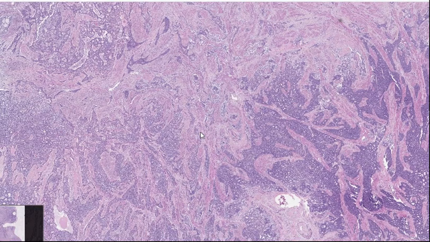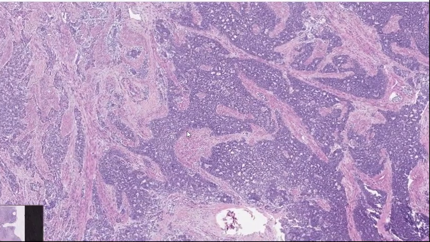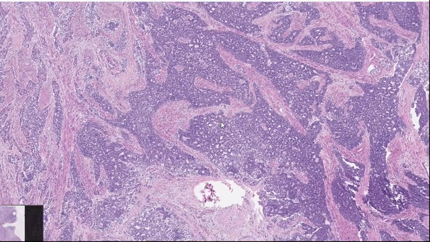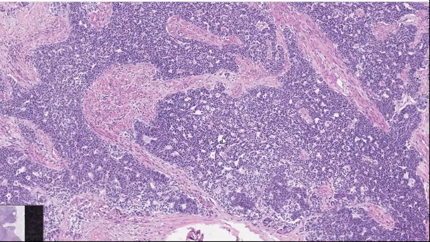Okay, now if a similar scenario happens in the endometrium, arising from the endometrial level, you can suggest the possibility of mesonephric-like adenocarcinoma, because mesonephric adenocarcinomas are said to be derived from the mesonephric remnant.